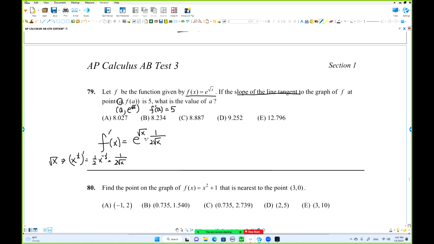So at x equals, for what value of a is the derivative 5? You can find this one. This derivative is 5 for what value of a? Put this number a there: e to the square root a times 1 over 2 root a equals 5, okay?